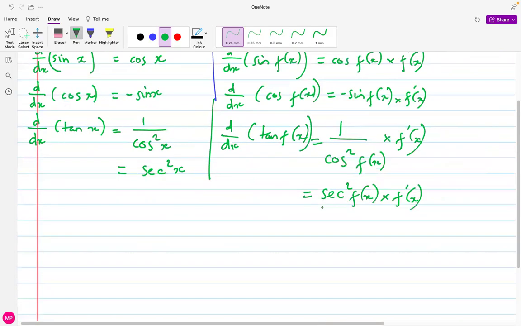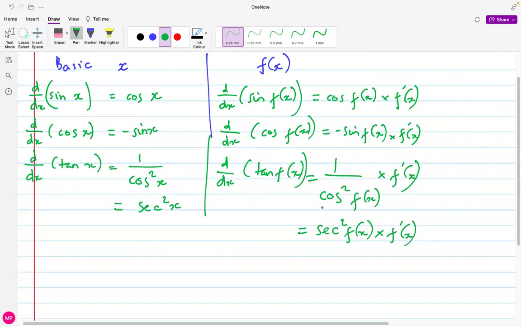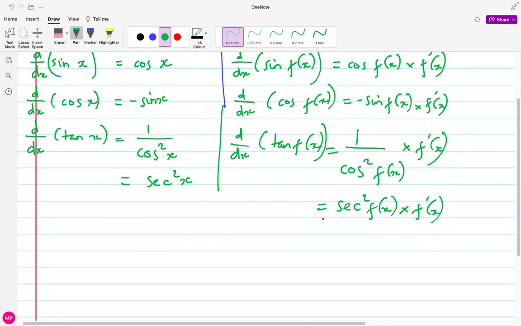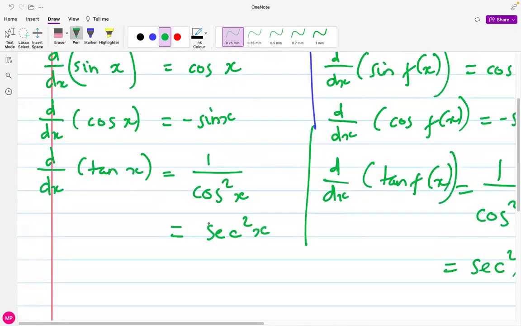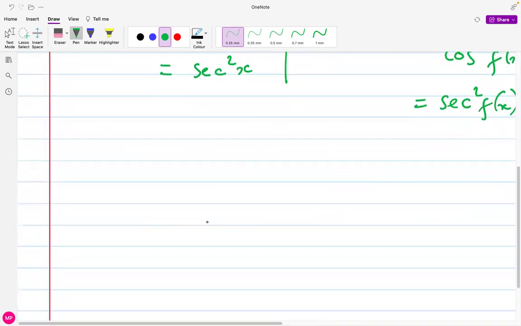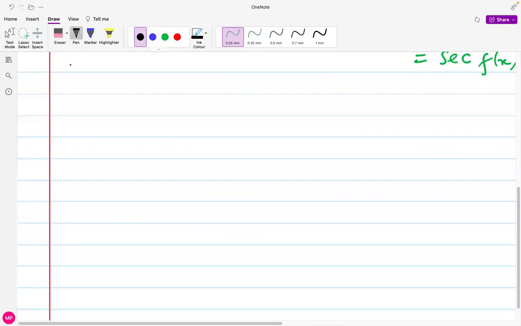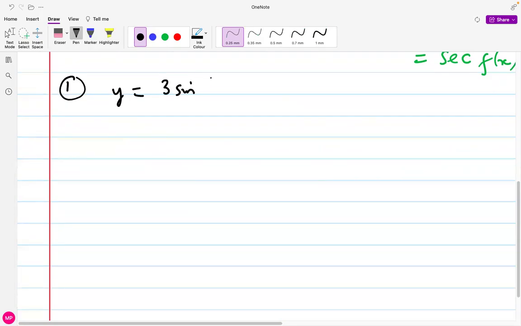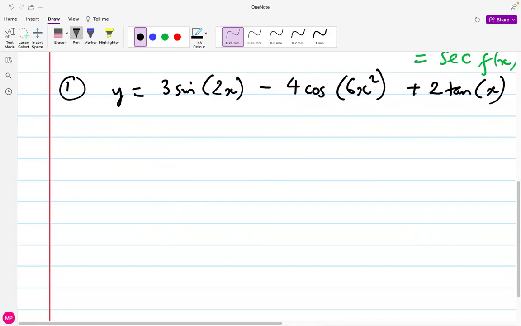Now we're going to go over a few examples of how to apply this formula. Example one, finding the derivative. Let's say y equals 3 sin of 2x minus 4 cos of 6x squared plus 2 tan of x.